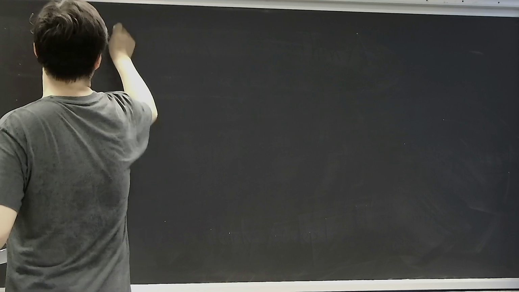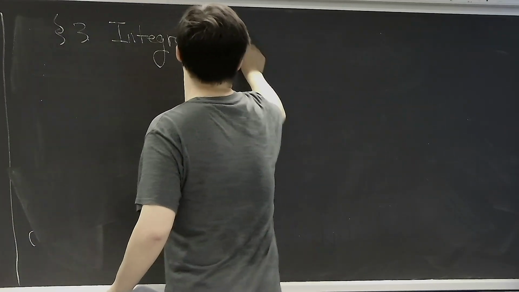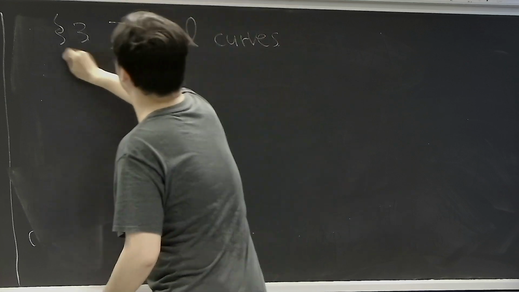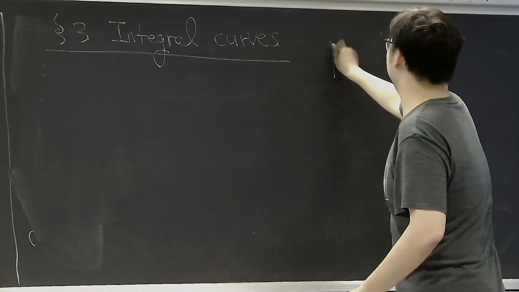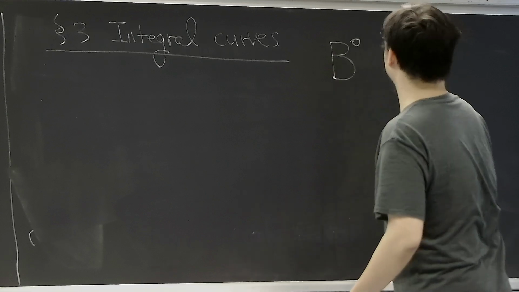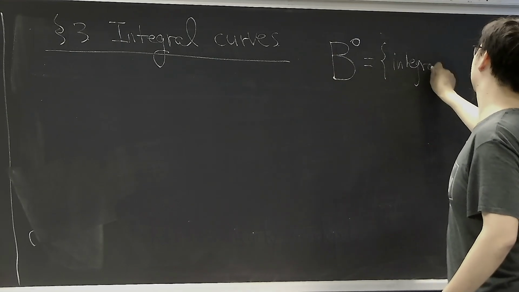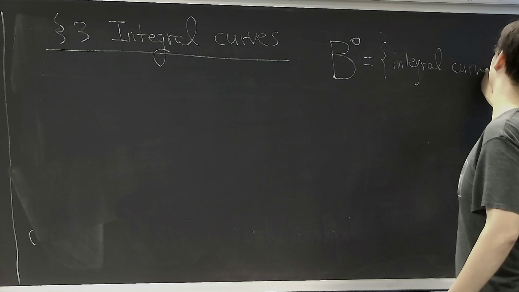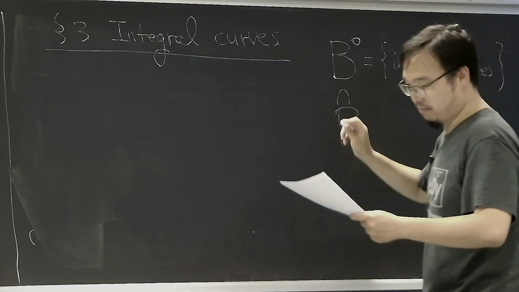So we denote by B circle, B0, the locus of integral curves, which of course is a Zariski open subset of B.